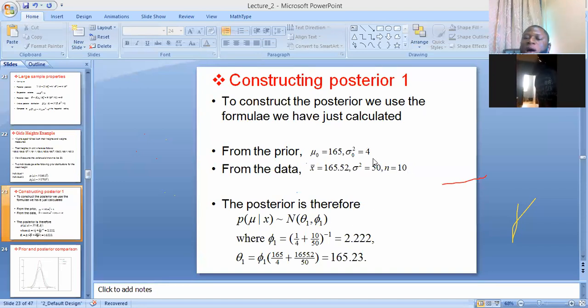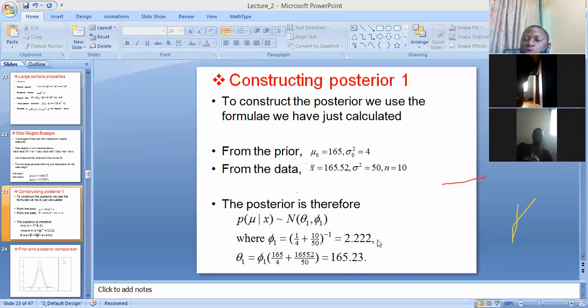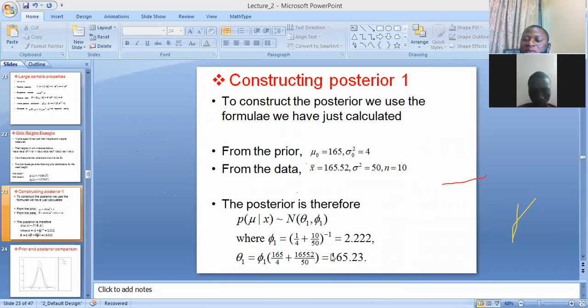And now you want to update the prior information. After updating, you realize that the variance is actually 2.22 and the mean is 165.23.